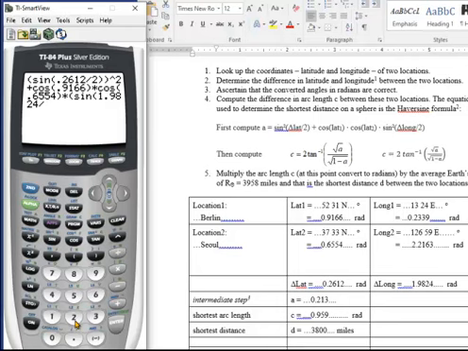Divide by 2, close the parenthesis for the sine, close the parenthesis so I can put a square in the back. There we go, because it says so, square right there. Enter, I come up with something.